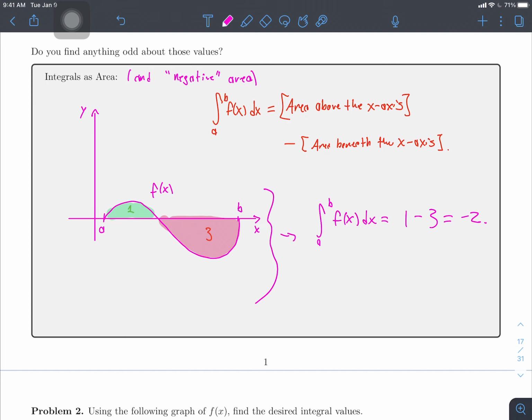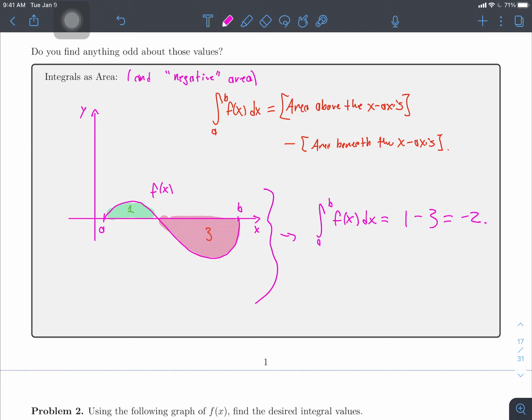We want to say something about what was the total change of that substance over an interval? And if that total change happened to be a decrease, then we'll get a negative number. Any questions about this expanded definition for the integral here?